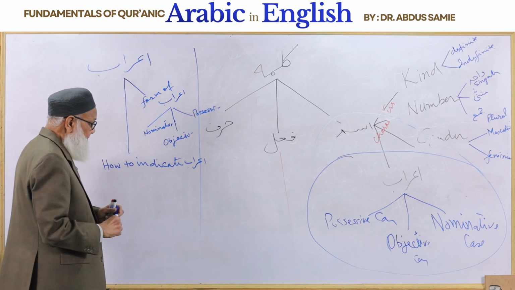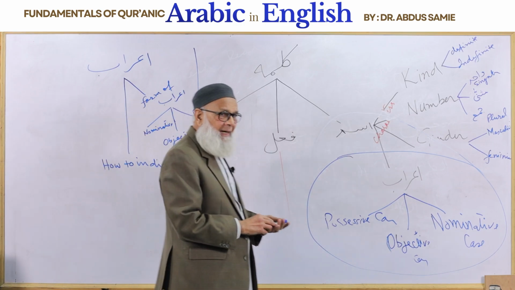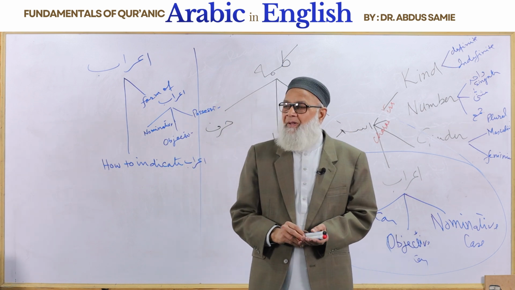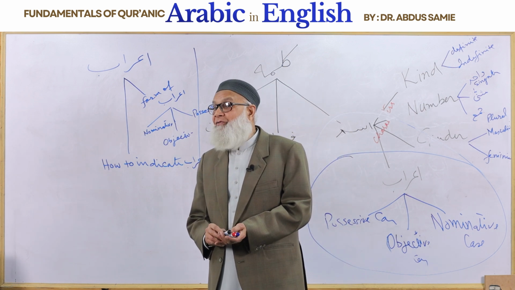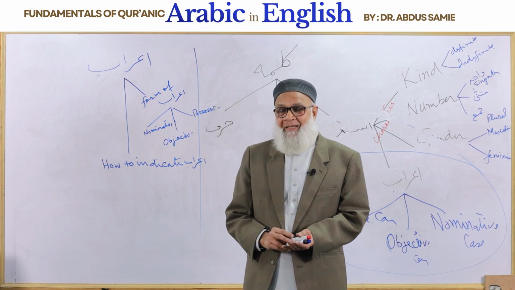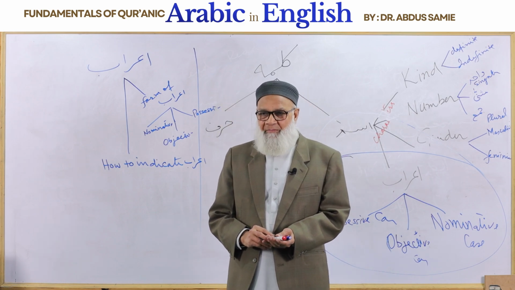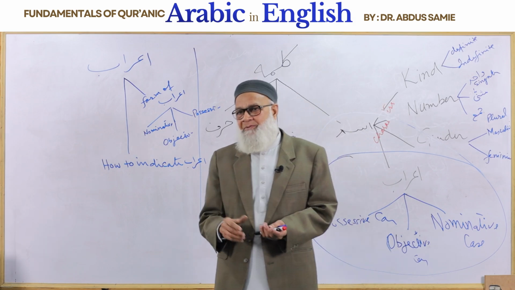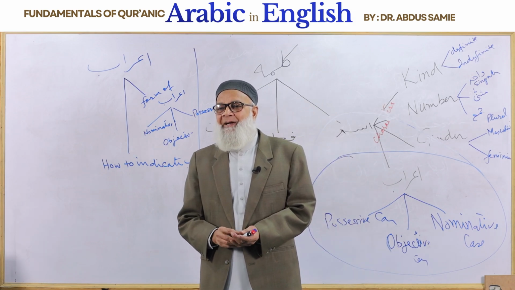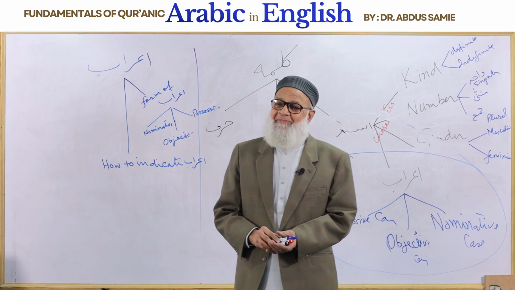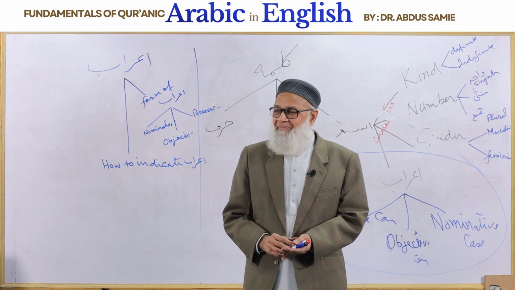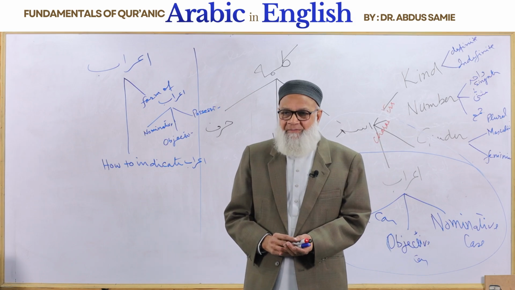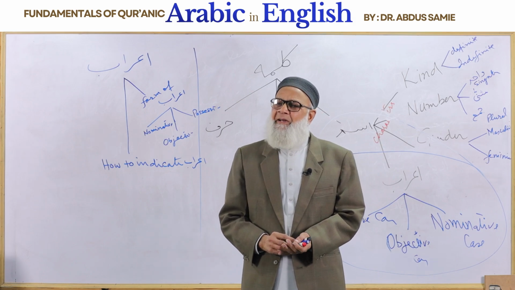Now write down a sentence under the heading of how to indicate i'rab. Write down: in different categories of noun, i'rab is indicated in different ways.